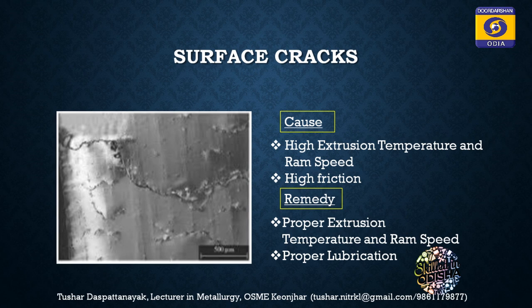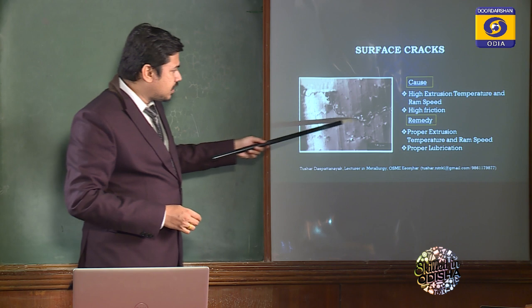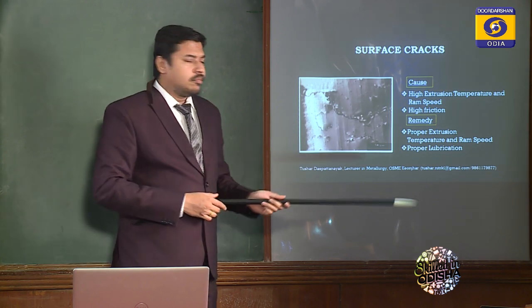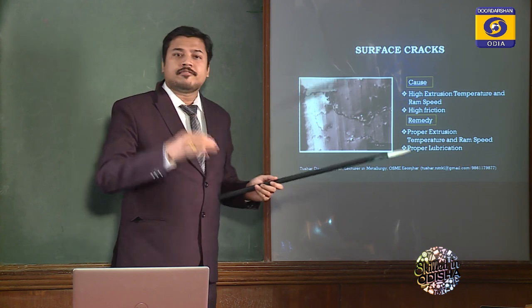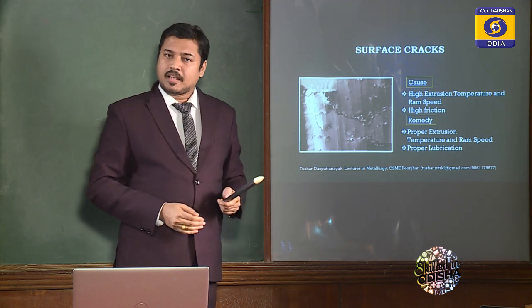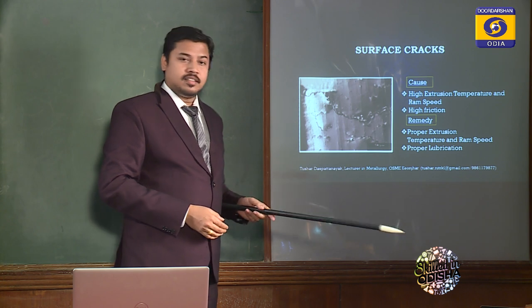The real picture of an extruded product. See the cracks, surface cracks. What is the cause of it? Because of high surface temperature, or high extrusion temperature and high ram speed. These surface cracks occur because of high extrusion temperature and high ram speed.